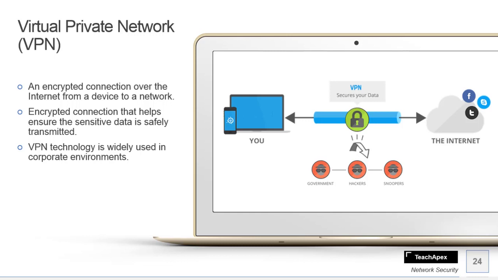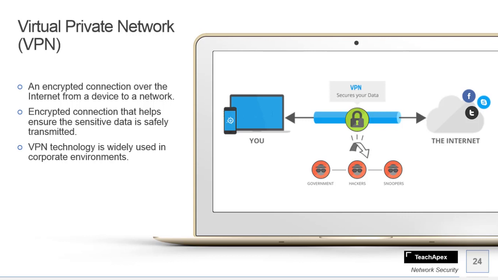An encrypted connection helps ensure the sensitive data is safely transmitted. We'll discuss encryption in later videos, but here you can understand that VPN is the network that uses encryption technology through which all your data being transmitted over the network is encrypted to maintain security.